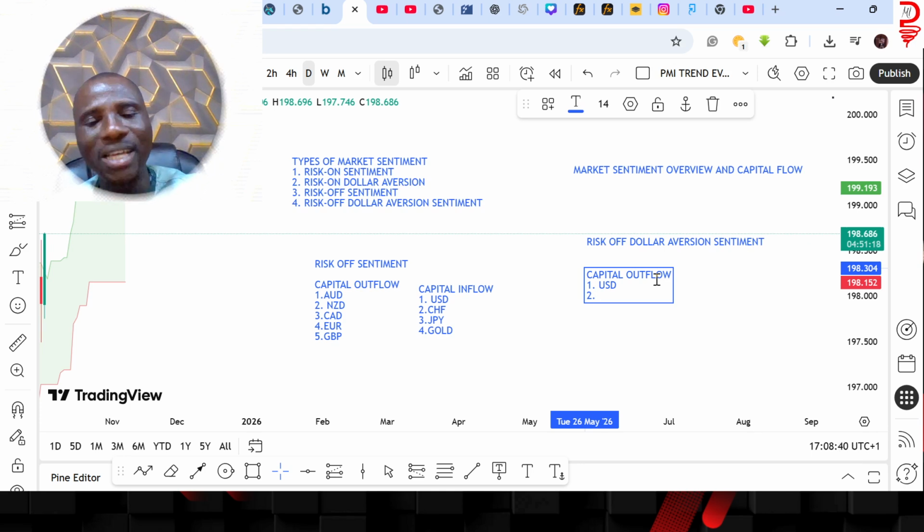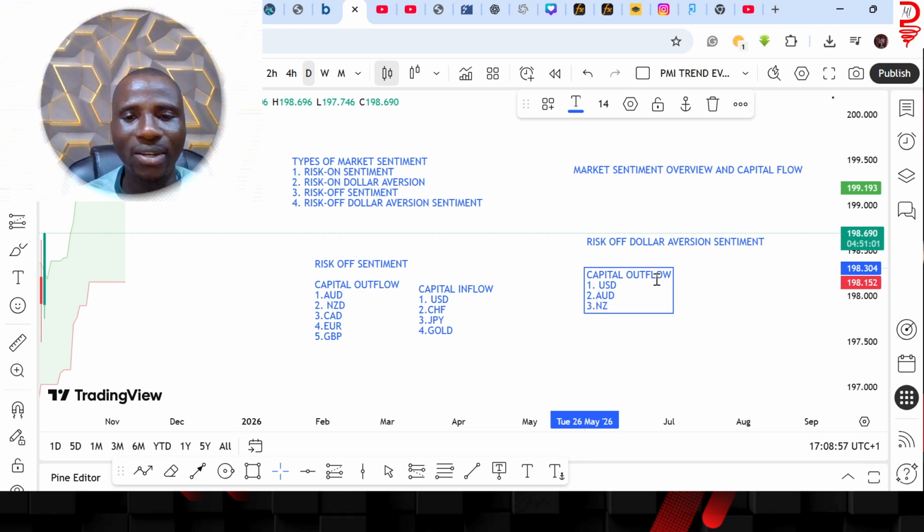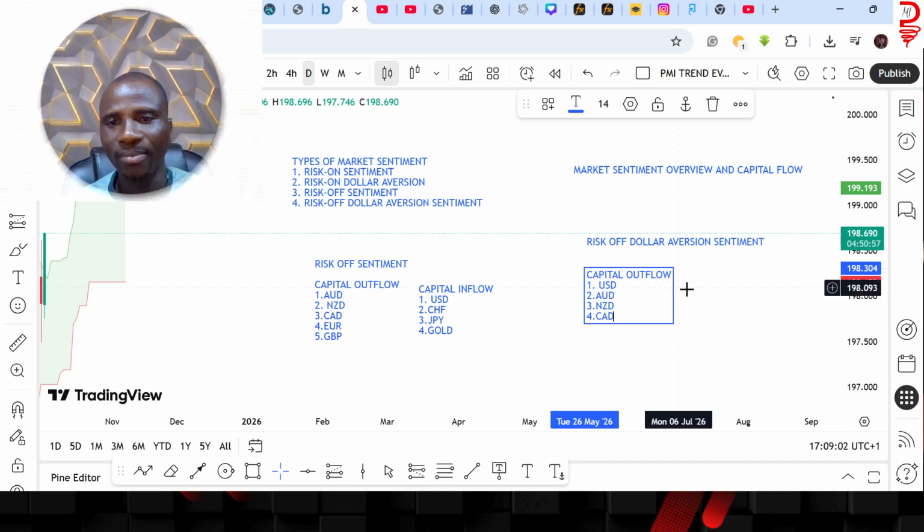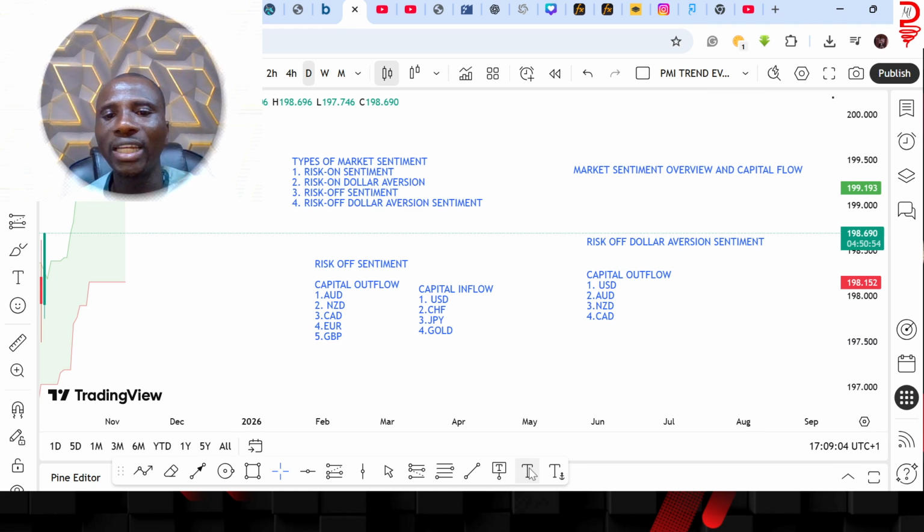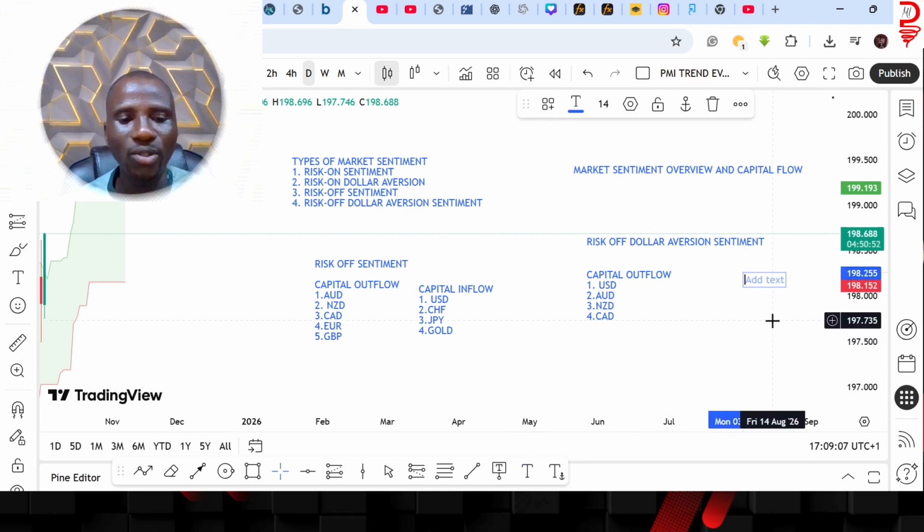Notice risk off means that capital is flowing away from the high yield commodity currencies. So as capital is flowing out of the US dollar because of the dollar aversion, capital will still be flowing away from the AUD, Australian dollar, away from the New Zealand dollar, and of course away from the Canadian dollar. Now capital will be flowing into, remember, we have two currencies that are largely dollar aversion currencies.